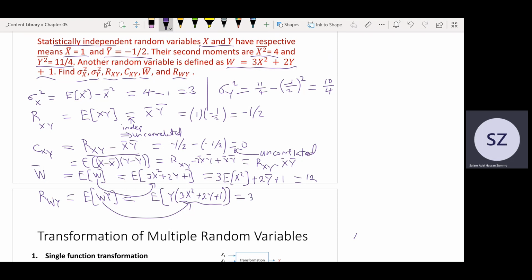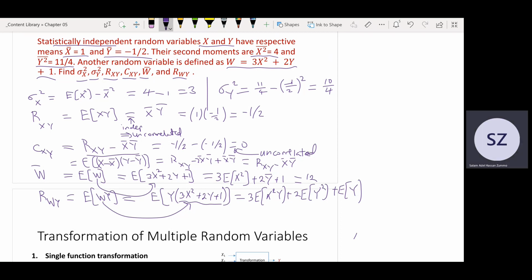We have 3 expected value of x squared y plus 2 expected value of y squared, thank you. Plus expected value of y. And not xy, sorry, why did I say xy? Thank you. So 2y squared, there's no x.